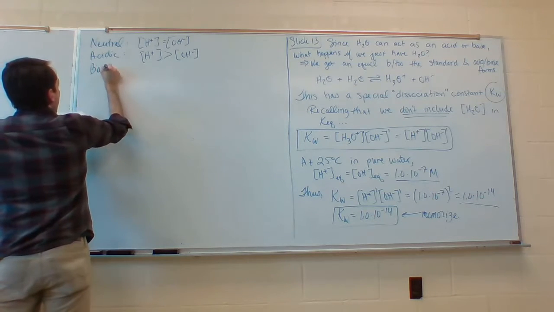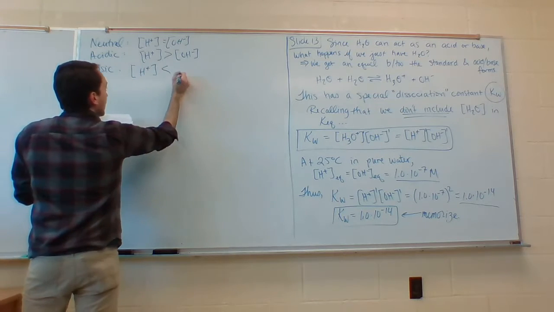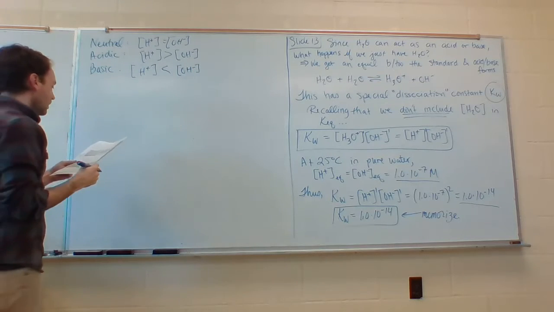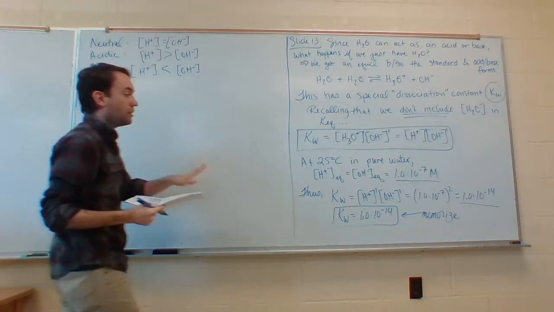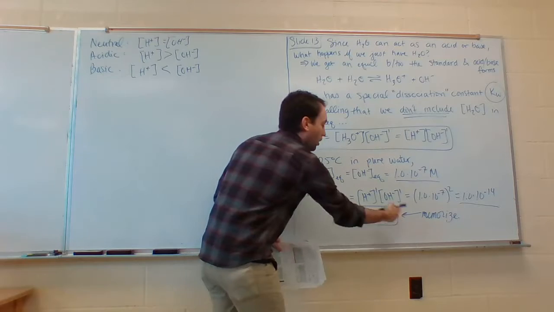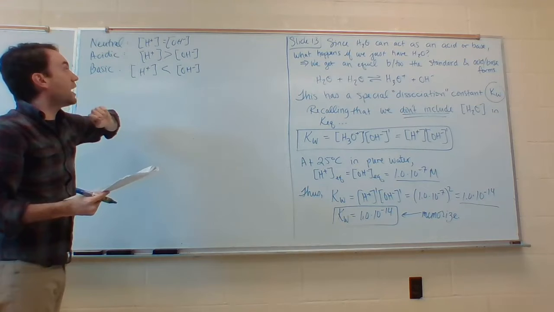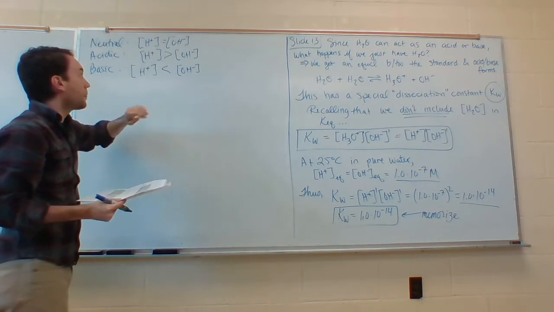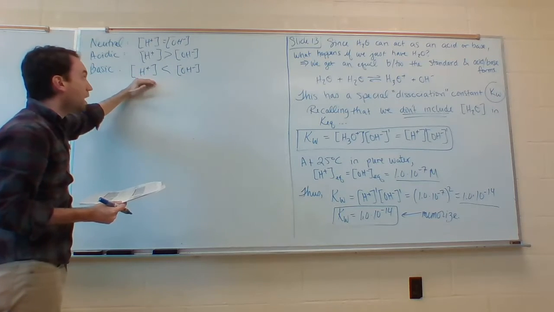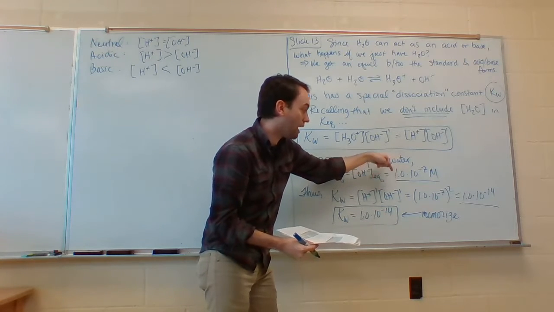The opposite is true for a basic solution, where we will have our concentration of H plus that is less than our concentration of OH minus. Now, one thing that I did want to point out is that Kw at 25 degrees C is always equal to that. So even though we may be changing our concentration of H plus and OH minus, as we increase the concentration of H plus, our concentration of OH minus will have to go down.